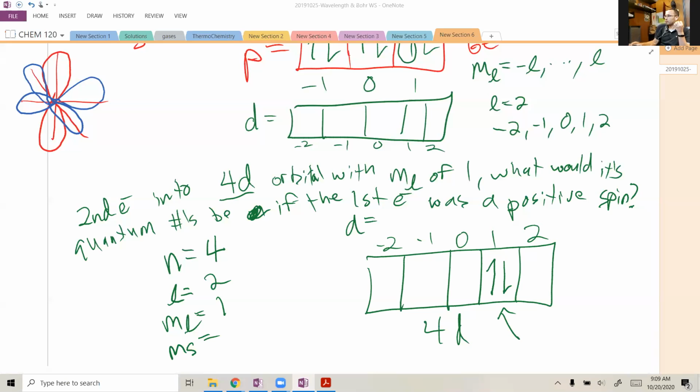We know that was positive. So the first electron was plus 1/2. If we make our second electron plus 1/2, it would have the exact same quantum numbers as that electron, so it would be taking up all of the same space. And so that doesn't work. So instead of being plus 1/2, what should our value be?